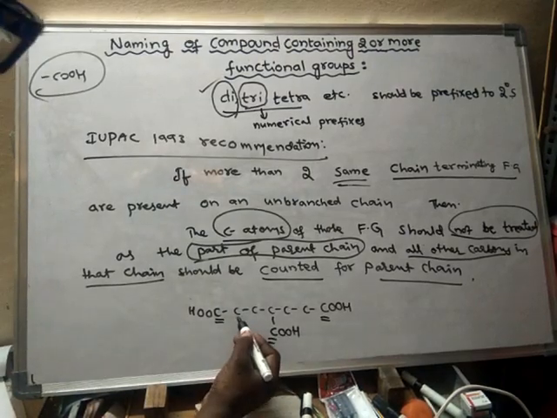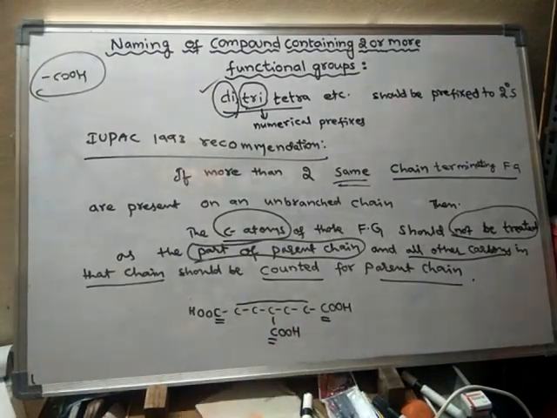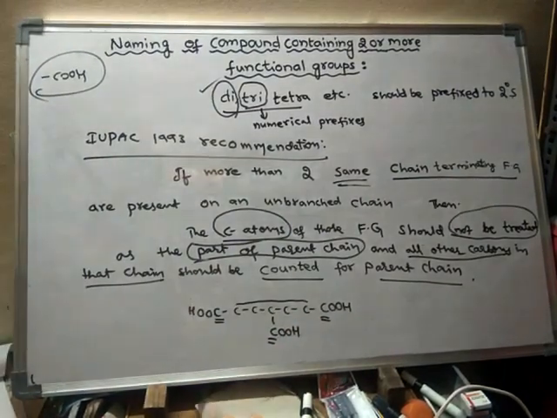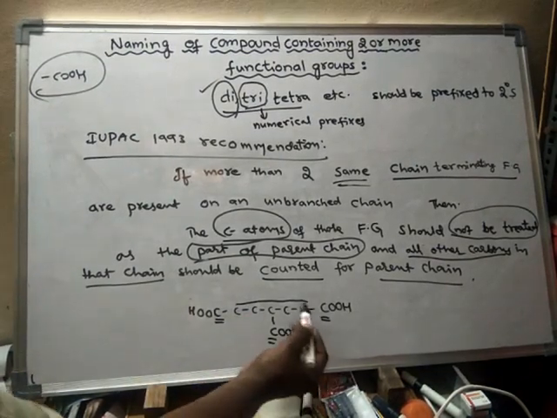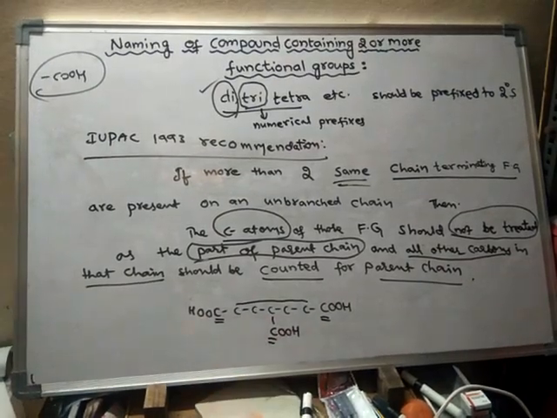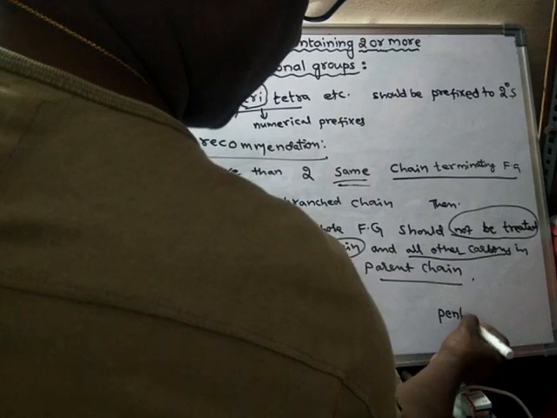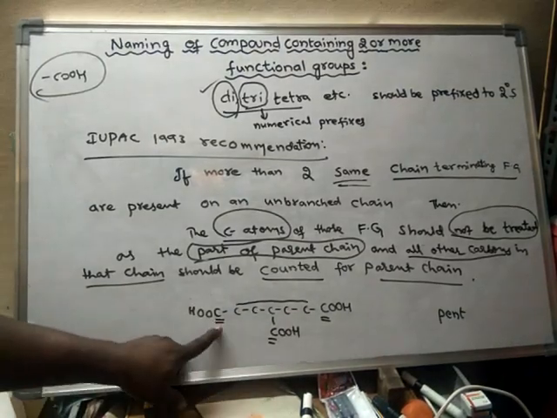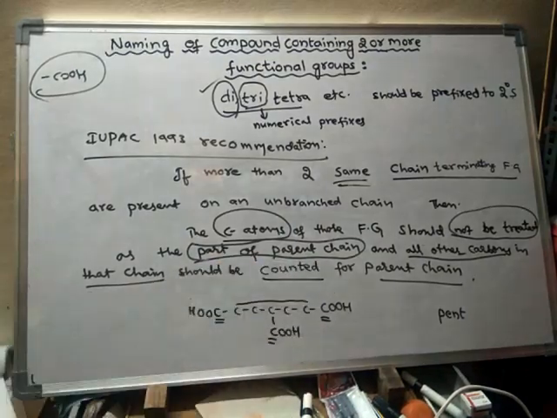All other carbons in that chain should be counted for the parent chain. So now 1, 2, 3, 4, 5. What is the name of the parent chain? Only a 5 carbon chain, hence it is pent, not hept or oct, because these 3 carbons should be excluded from the parent chain.